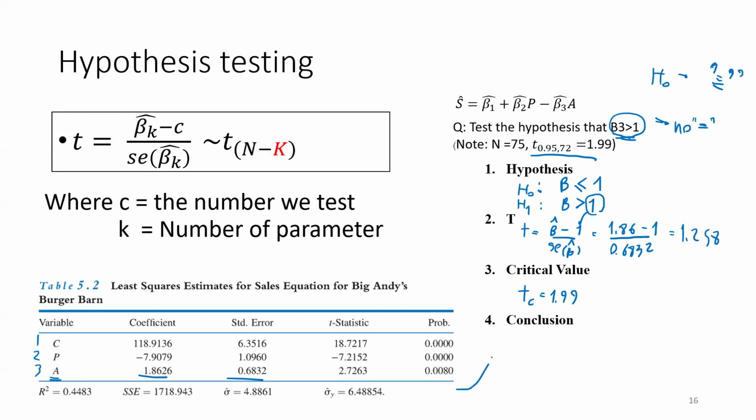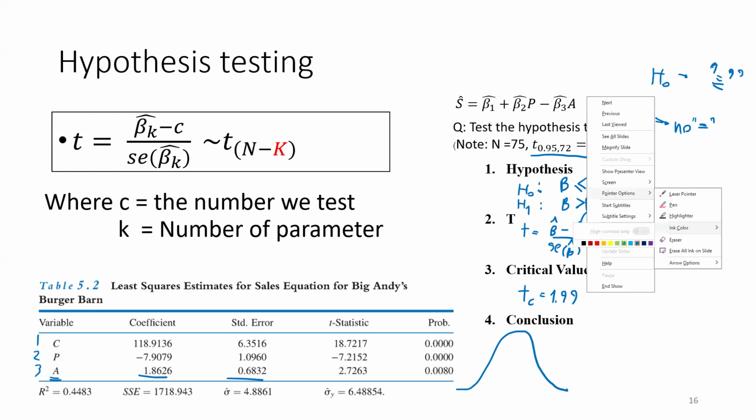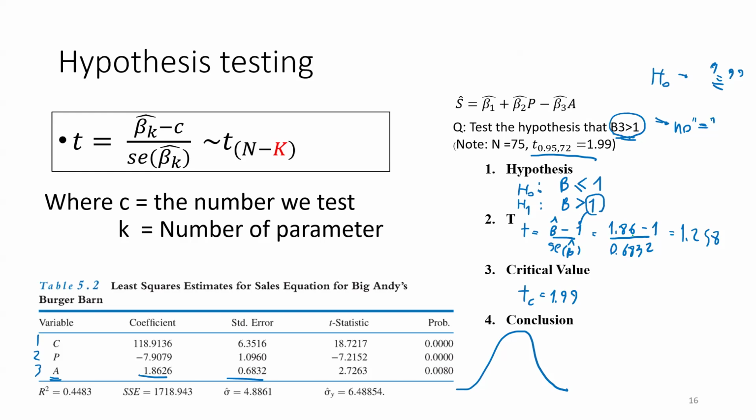Then to make the conclusion, draw the normal distribution. And then the critical value is on the left or on the right? On the right, because it depends on H1. So greater than is on the right, but if it were on the left, it would mean less than.